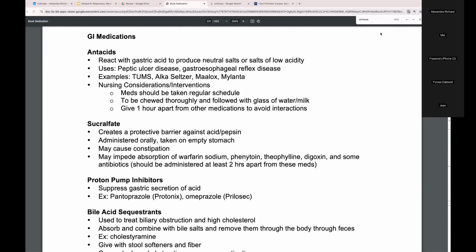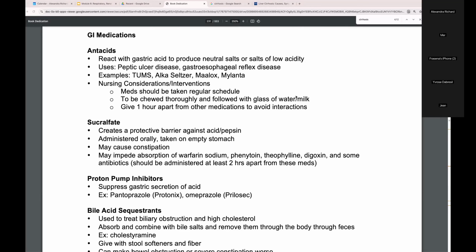So someone with peptic ulcer disease, this is very helpful. But what's very important is you have to take it on an empty stomach. The stomach has to be empty so that the medication can line the stomach. So that's my tip for NCLEX on that one. So antacids, give them an hour apart from other medications. Sucralfate, you have to take it on an empty stomach.